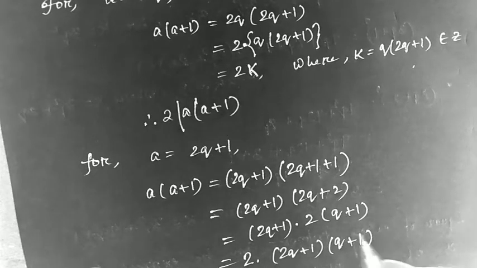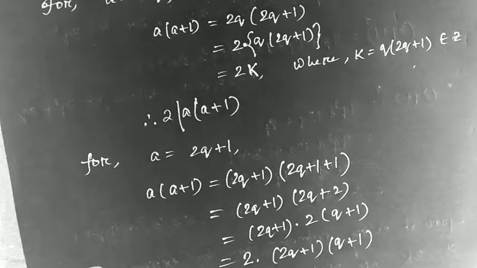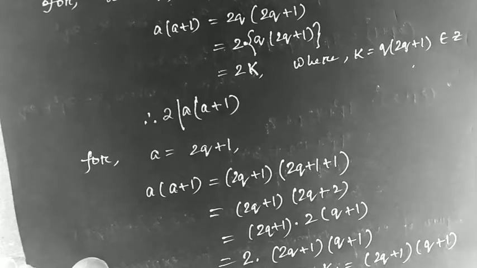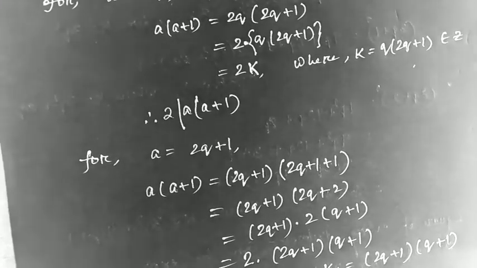Again if we take this thing, since 2q plus 1 and q plus 1 are all integers, this whole thing is an integer, so we can write 2 into, suppose, k1, where k1 is equal to 2q plus 1 into q plus 1, no?